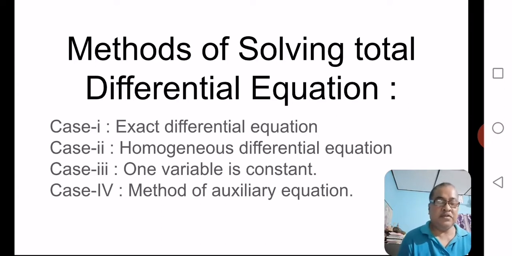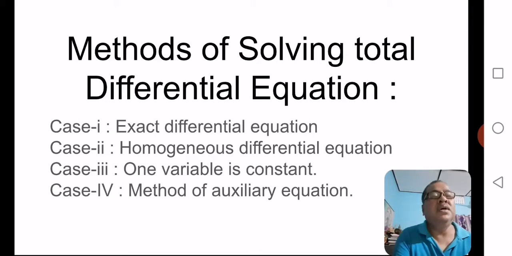In that case, we can write the differential equation: suppose z is constant, then dz is equal to 0, and after that the differential equation becomes p dx plus q dy is equal to 0. After that, suppose u is equal to phi of z be the solution of this differential equation.